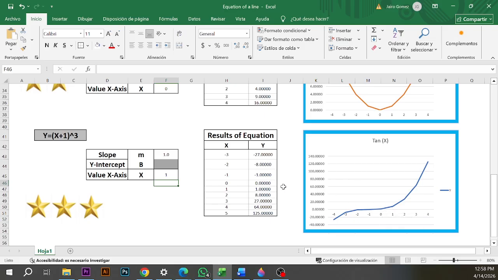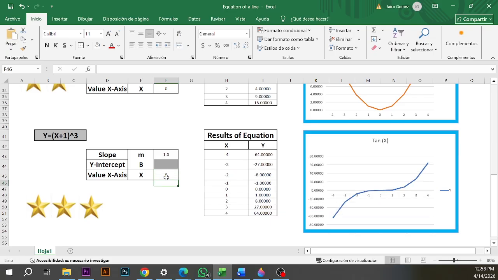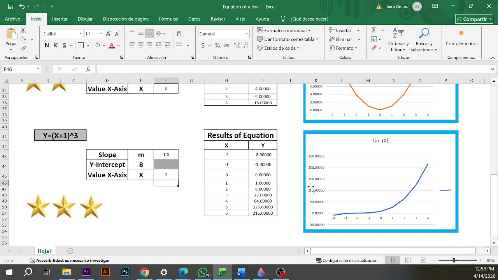The intercept stays at 0, but look at what's happening to our maximum and minimum. It doubled here and it doubled. Instead of being 60, like we saw before, it's 120. So what happens if we continue going up? It almost triples.